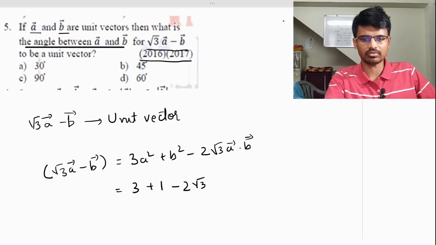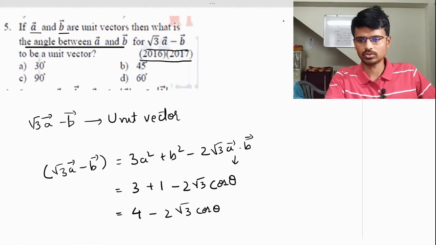So again, if I expand this dot product, it is going to be the magnitude of vector a and the magnitude of vector b multiplied with the cosine of the angle between them. So the magnitude is 1, so I'm just ignoring that, I'm just taking down the cos. So this comes out to be 4 minus 2 root 3 cos theta.